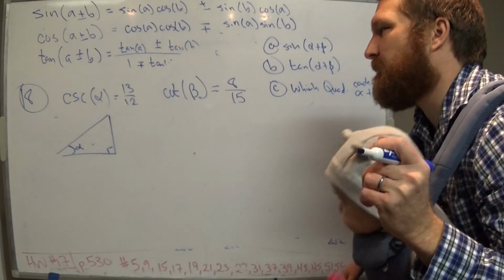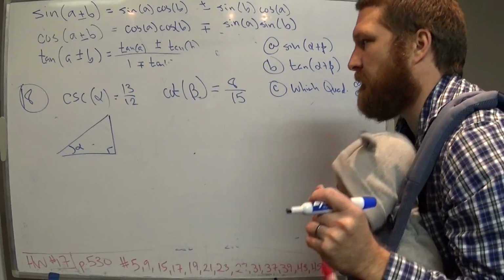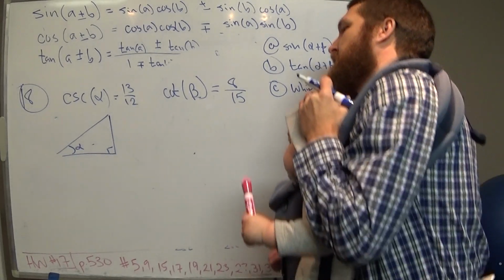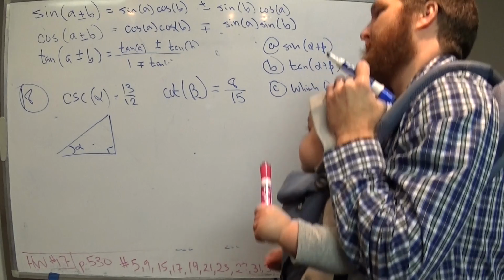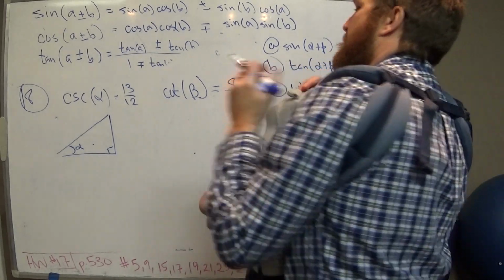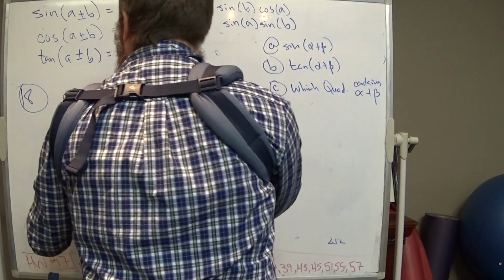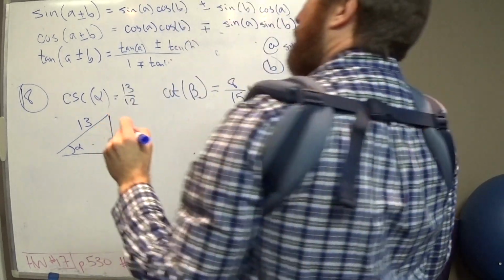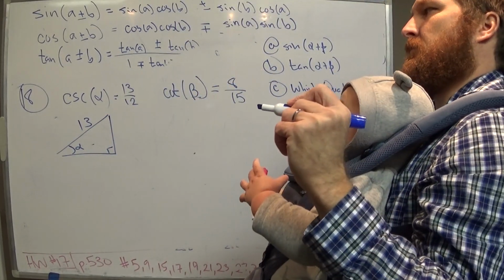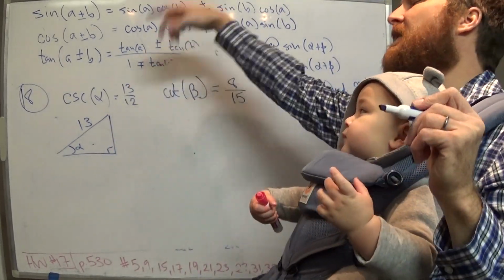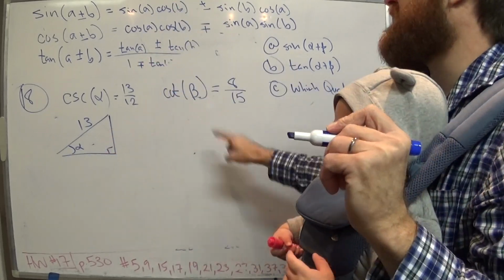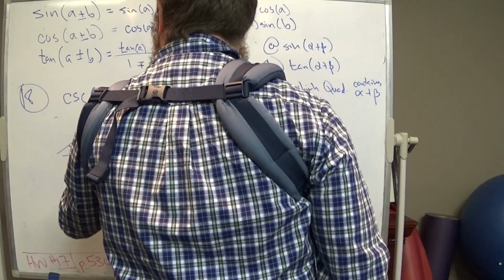Which side is 12? Well, it's hypotenuse over adjacent. Yep, so the hypotenuse is 13 and the adjacent is 12. Oh, no. Opposite, because cosecant is 1 over sine. Sine is opposite over hypotenuse, and so there we go.